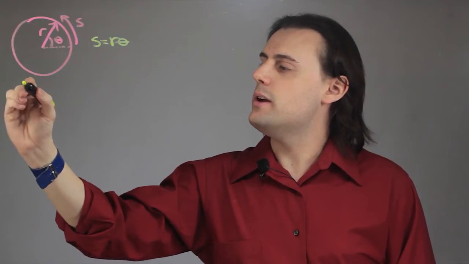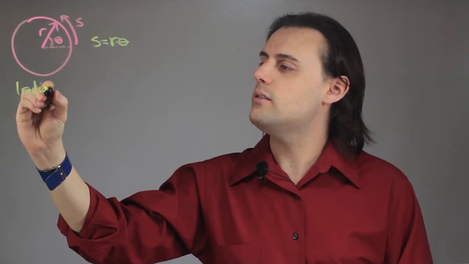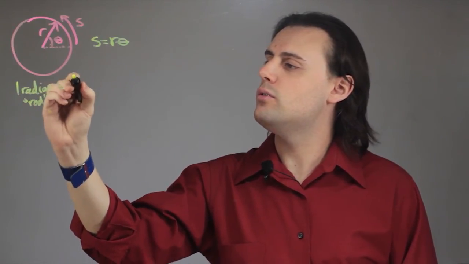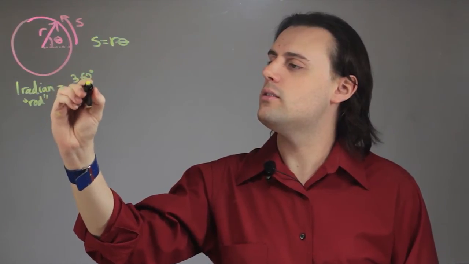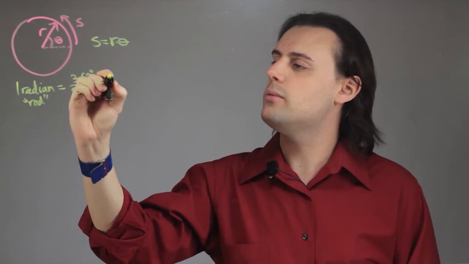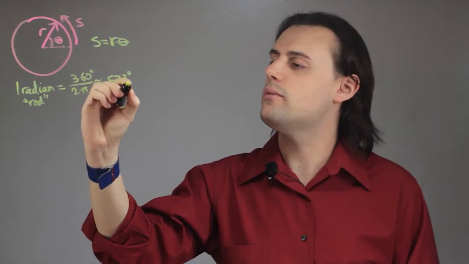The angle is measured typically in radians, where 1 radian, or rad for short, is equal to 360 degrees divided by 2 pi. And that's going to approximately be equal to 57.3 degrees.